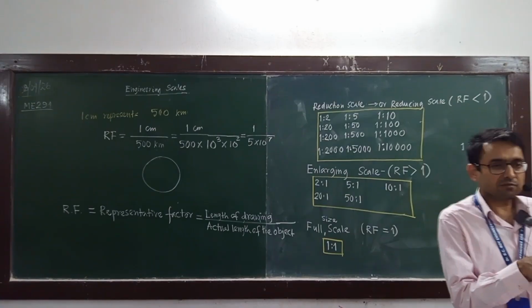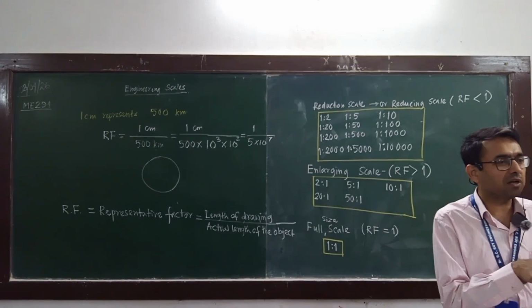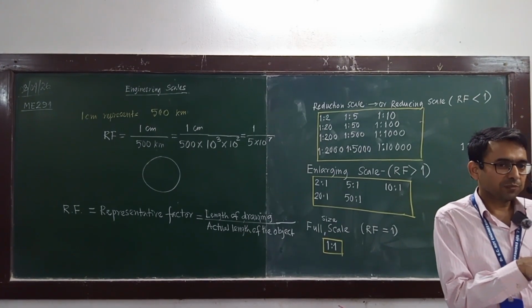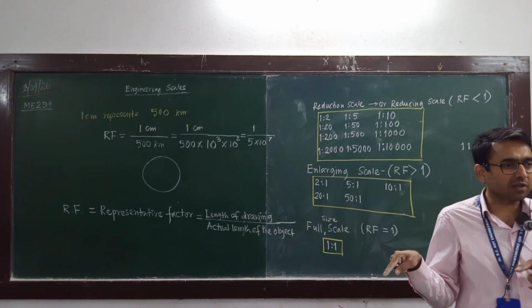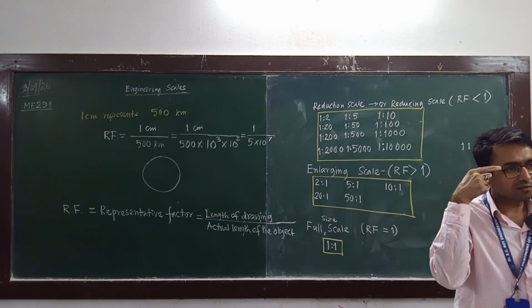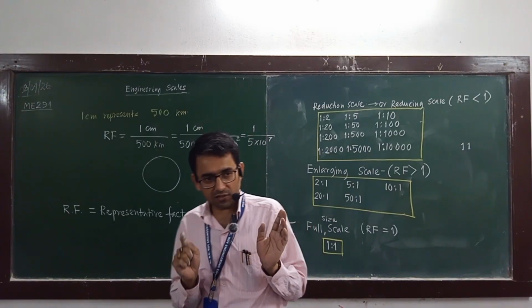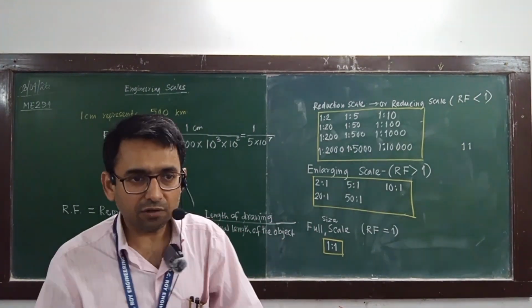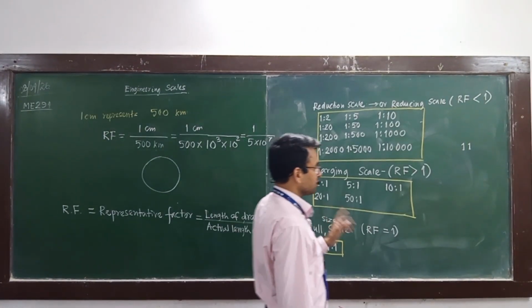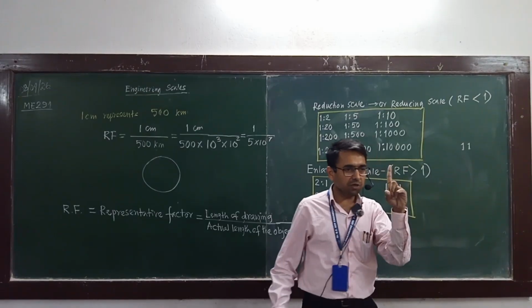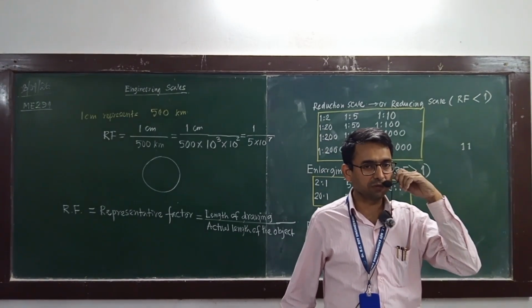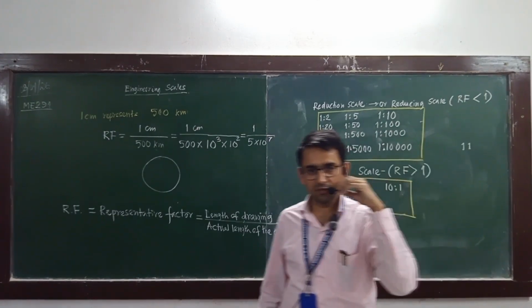If you are trusting the scale, at the same time you cannot guess, because the accuracy of your drawing cannot depend on your eye. It should depend on the scale or the instrument. So if it is 1 millimeter, then you cannot go beyond 1 millimeter. 0.5 is not allowed. Clear or not?